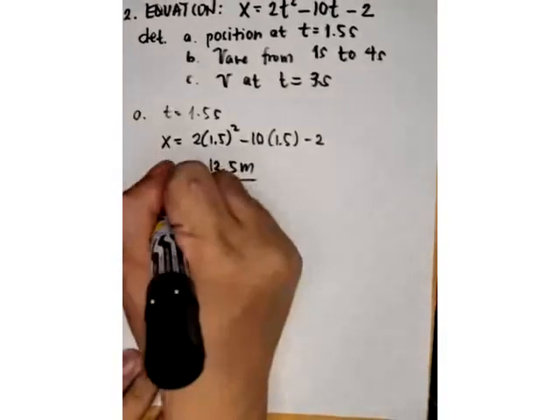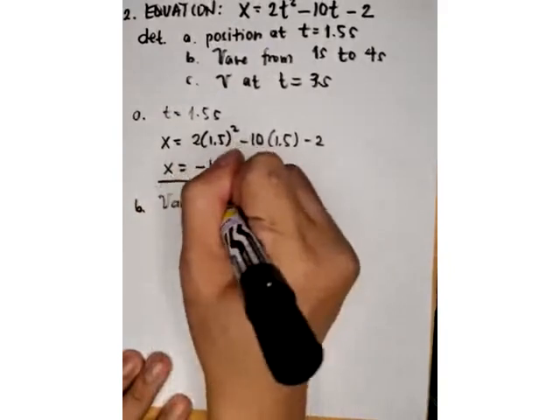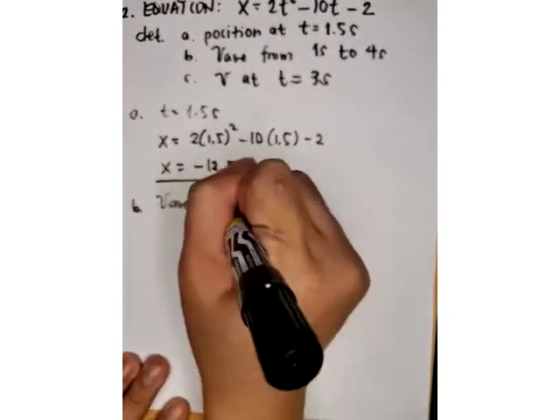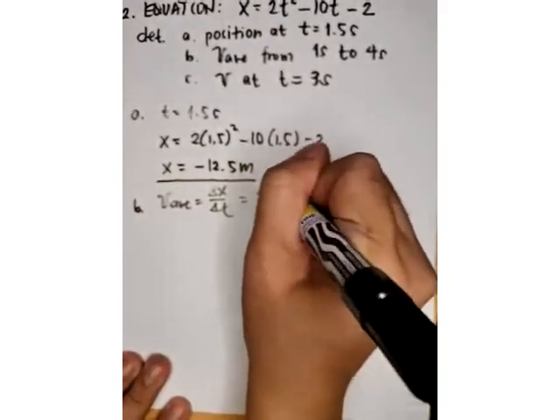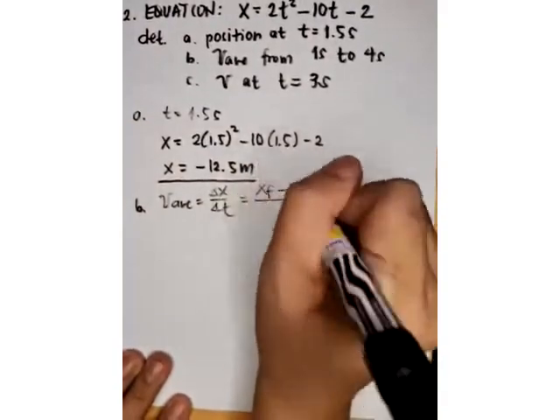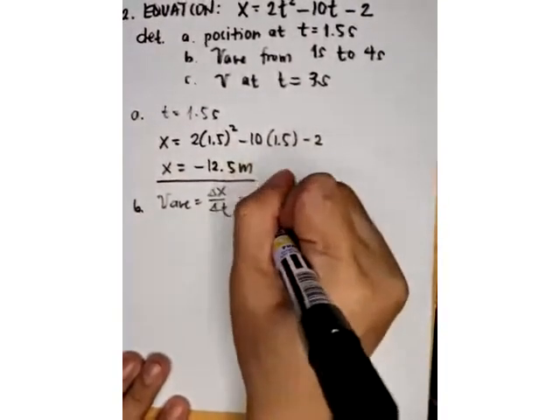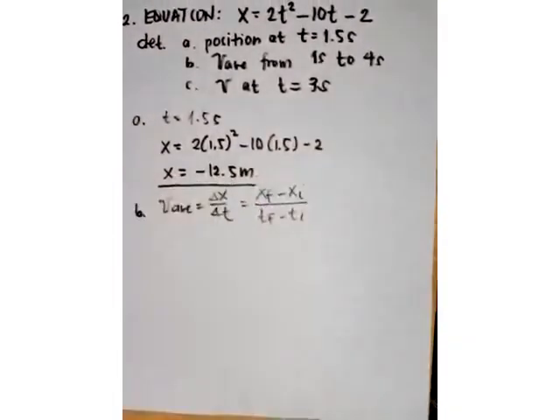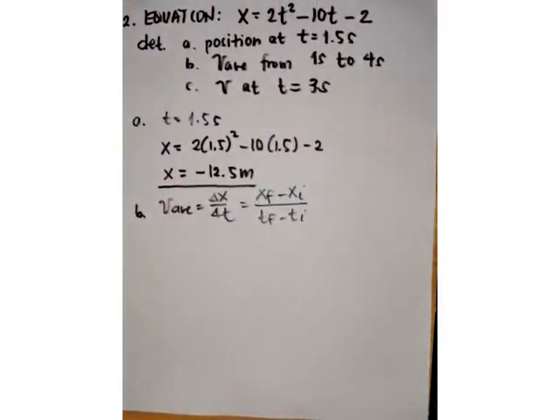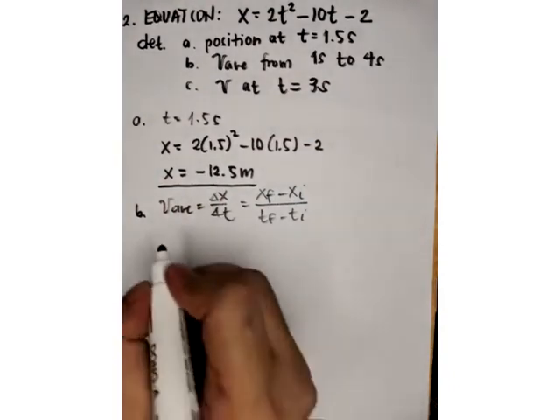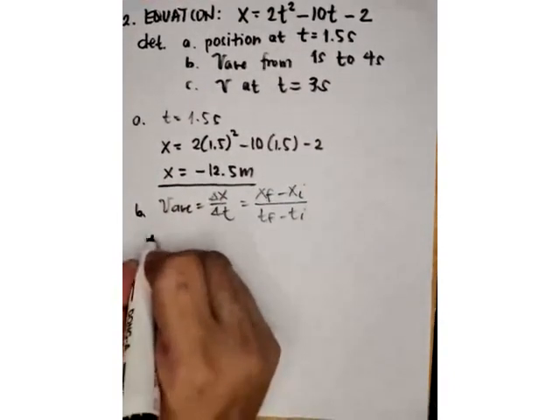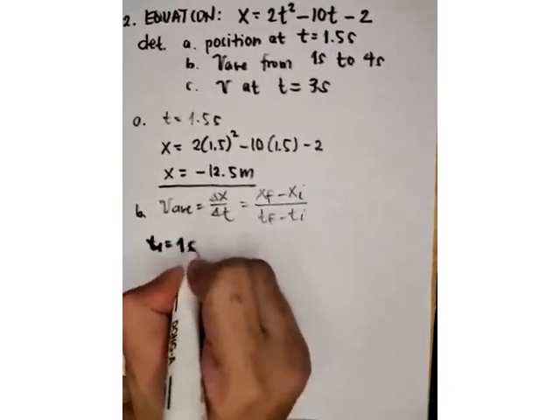Okay, so what is the V average? So that's equal to delta X over delta T. So that's X final minus X initial over T final minus T initial. T initial natin ay 1 second.